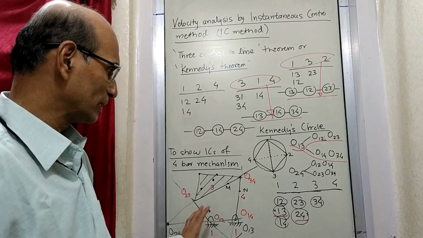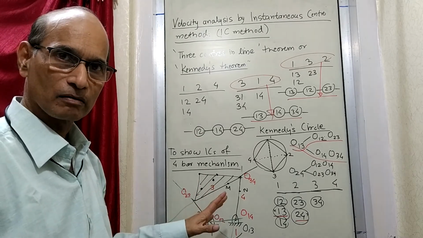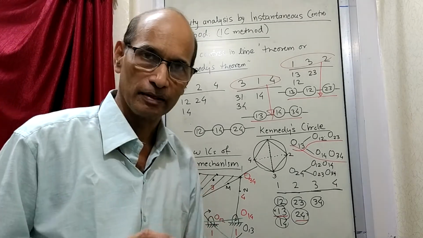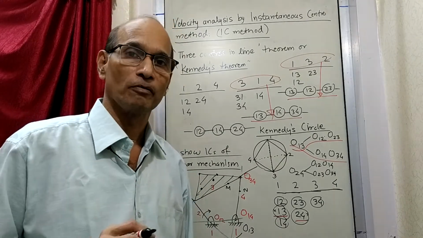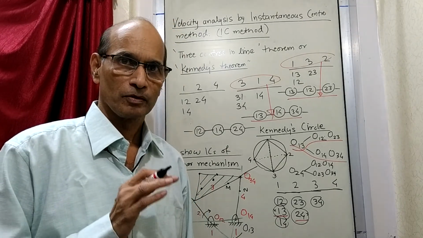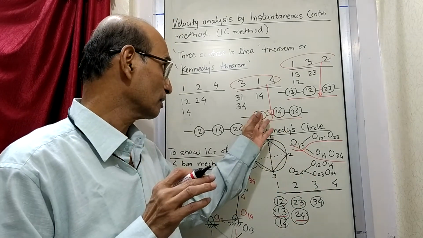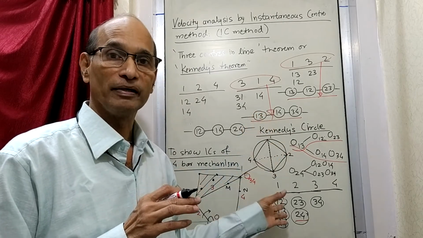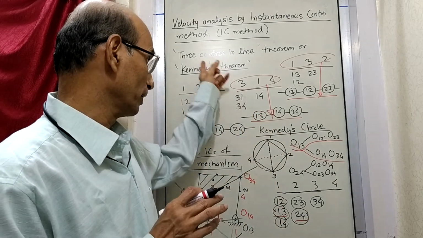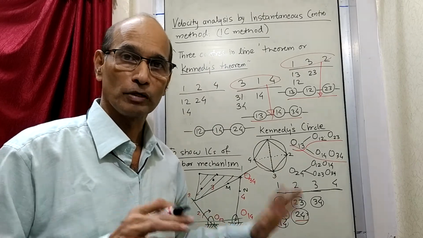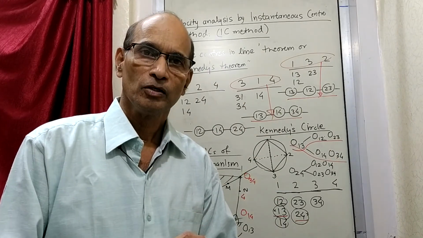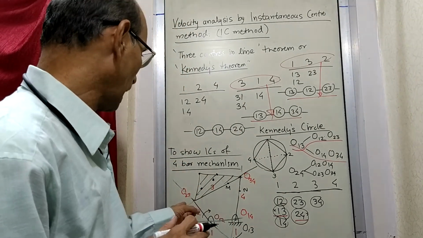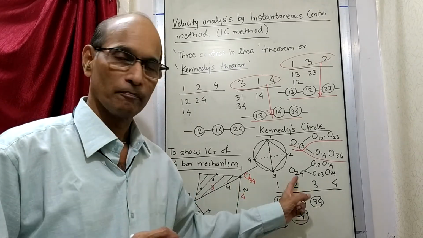Okay. So right now in this lecture, the first lecture on the instantaneous center method, we have learned the basics of this method: what is an instantaneous center, how to find them out, and by what rule you have to find them out. So now if you are given a mechanism, you will be able to find out the ICs that are involved.